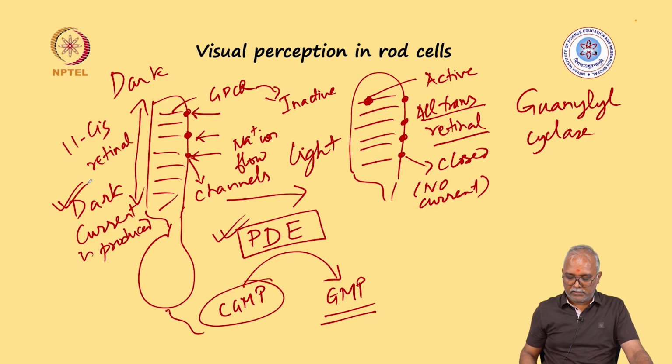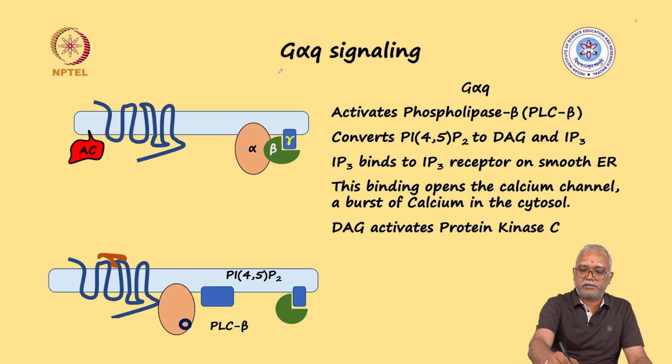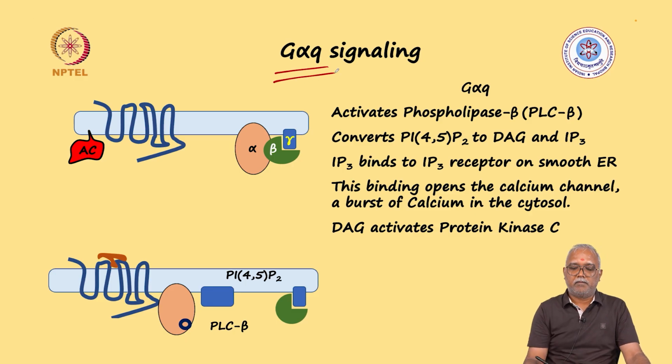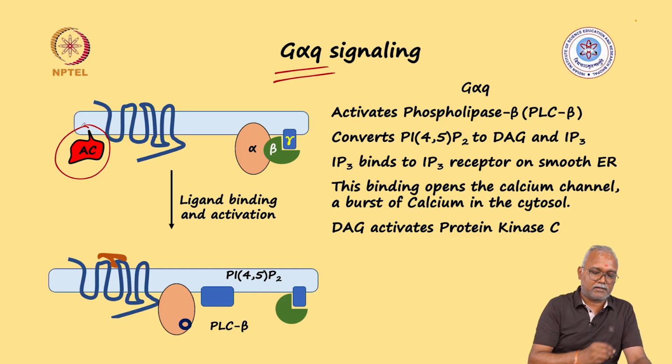Now what happens in case of the other G alpha, which is our G alpha Q? Here G alpha Q is the next G alpha type. You should remember all this while that G alpha is the one which has the GTPase property. So this G alpha Q has a unique mechanism where the ligand binding is not dependent on adenylyl cyclase.